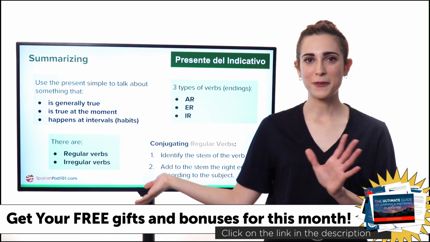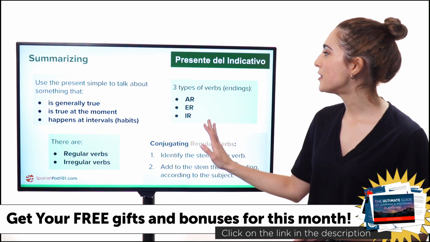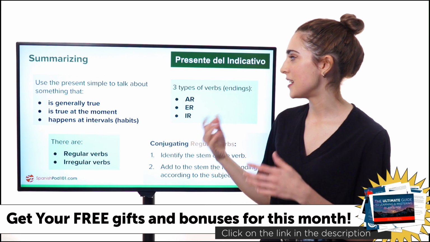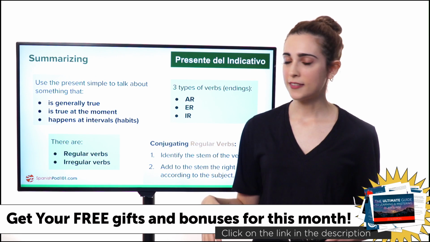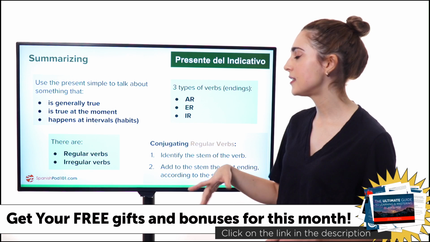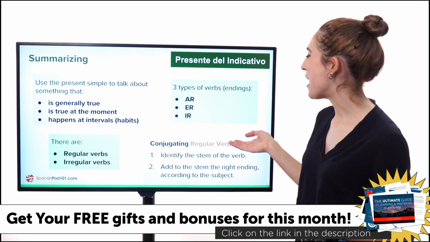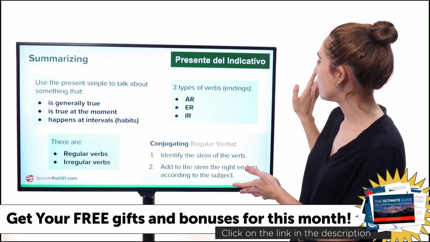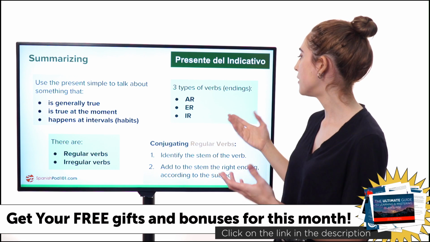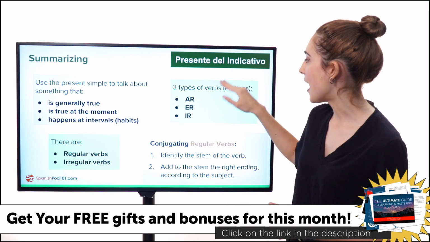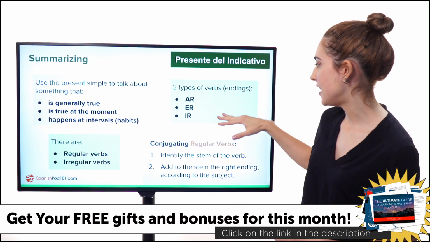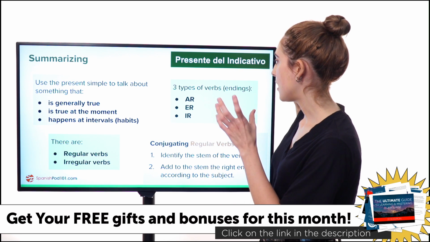So, summarizing what we've learned in this lesson, we use the present simple to talk about something that is generally true at the moment, or something that happens at intervals, habits. Then we have three types of verbs depending on the ending: verbs that end in ar, er, and ir.